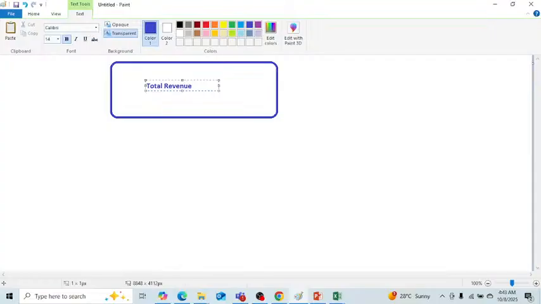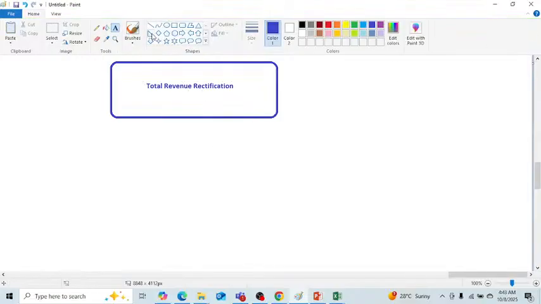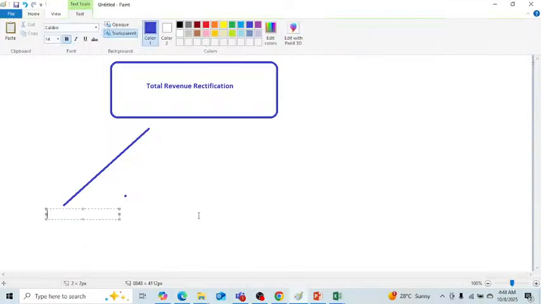Total revenue rectification. What are we supposed to do? First we have to check certain outline members. Check members properties in the outline.